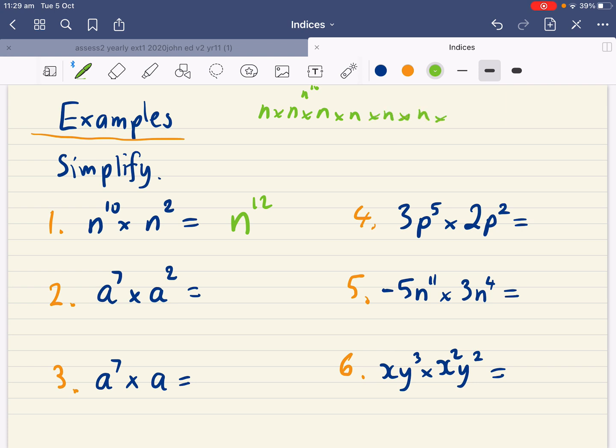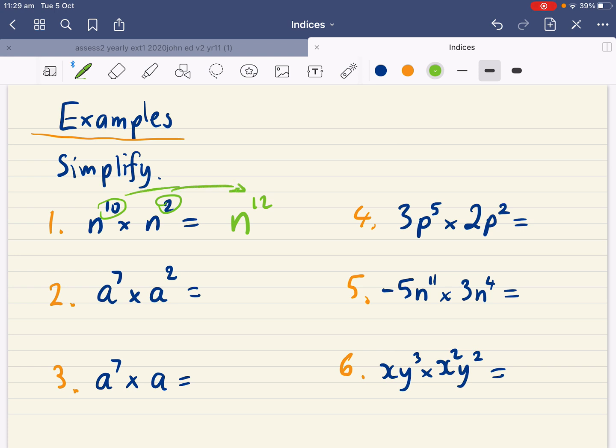You can see how toxic and wasteful to your life this would be. I don't even think I've done enough yet. And then you'd be multiplying it by n squared, where you'd have another 2. Instead of all that working out, we can just use the index law, which says, hey, you're multiplying, that's fine. All you need to do is just add the 2 powers together to get your answer.